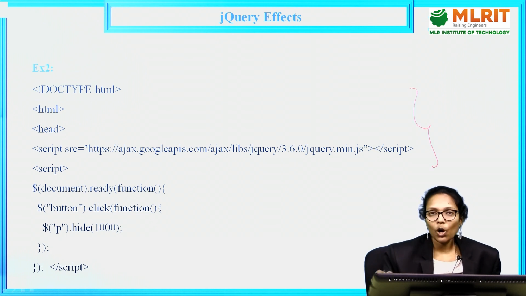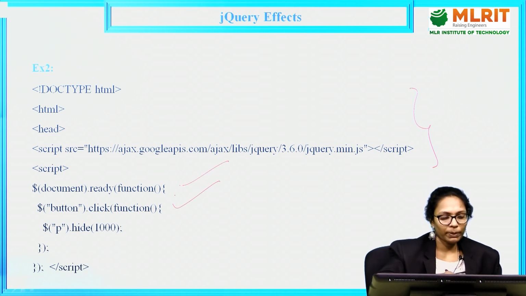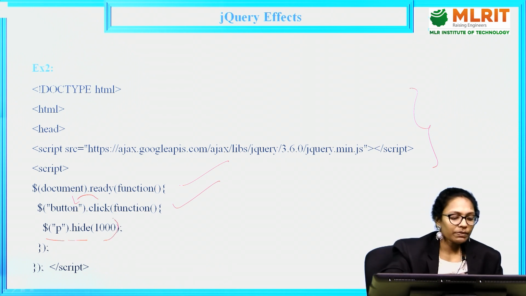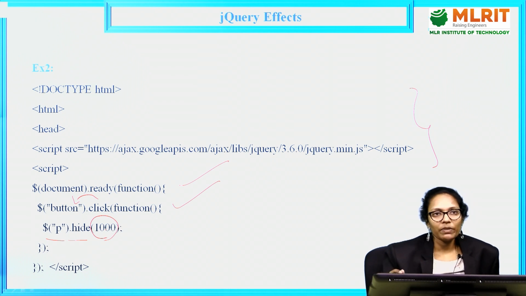This is the common code for all jQuery applications to include the jQuery library. Whenever the document is ready, whenever you click on the button, we have only one button here, the paragraph will be hidden. This is similar to the previous program, but here I am specifying the time also. Previously I didn't mention any parameters, but generally hide and show take two parameters: one is speed and the other one is the callback function.